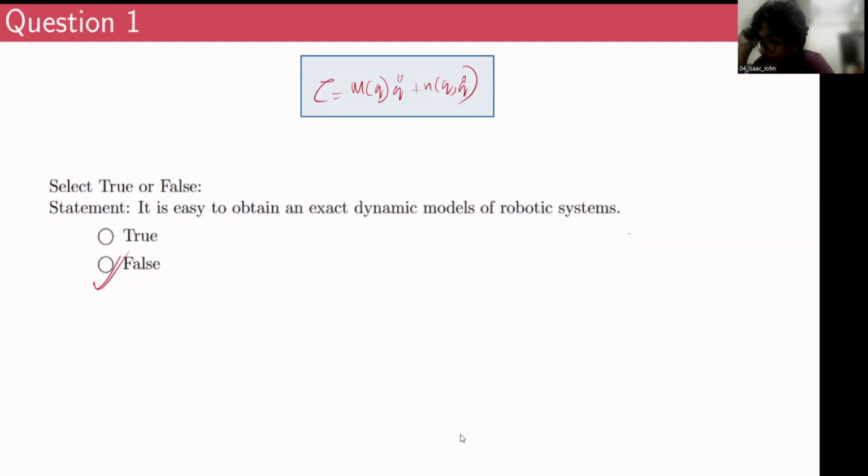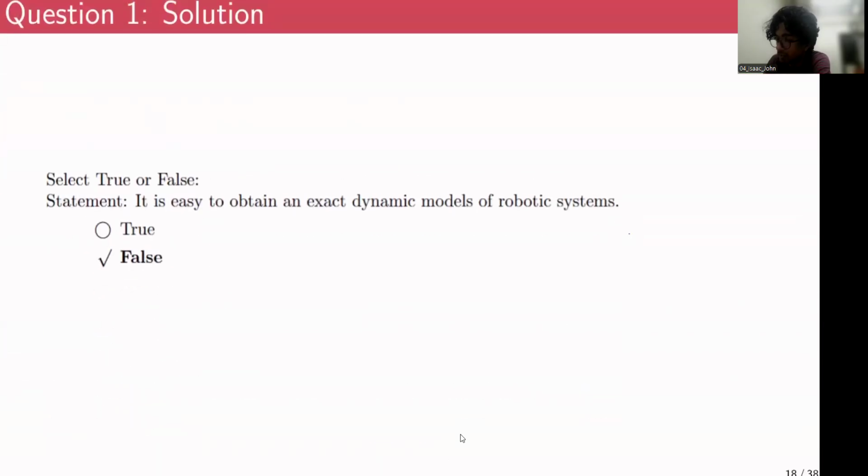All these things cannot really be accounted for in an exact manner. So an exact dynamic model is a hypothetical situation. The statement that we can easily obtain an exact dynamic model for a robotic system is false due to the above mentioned reasons. So the answer is indeed false.